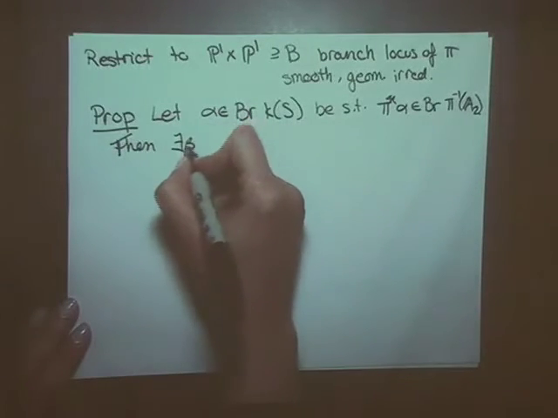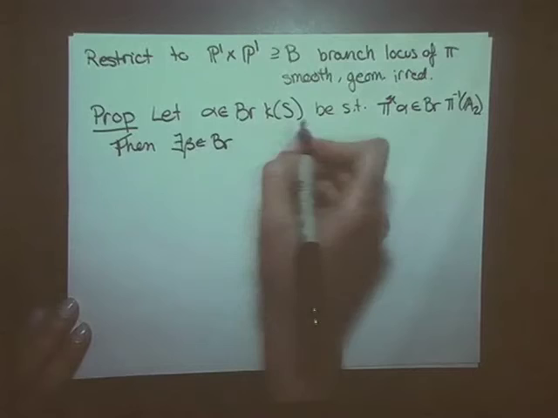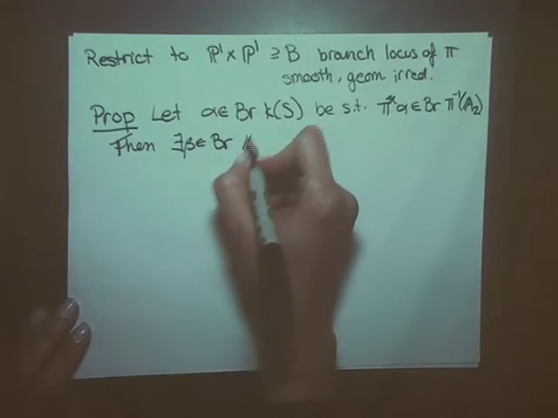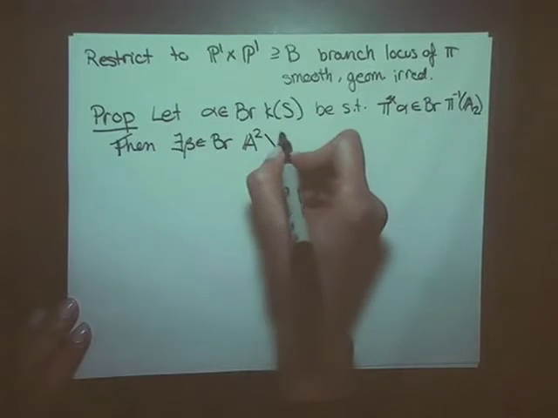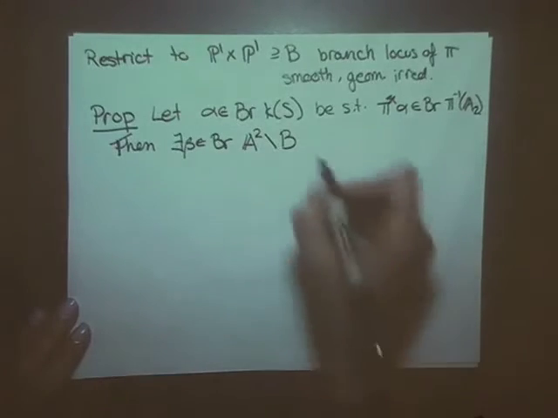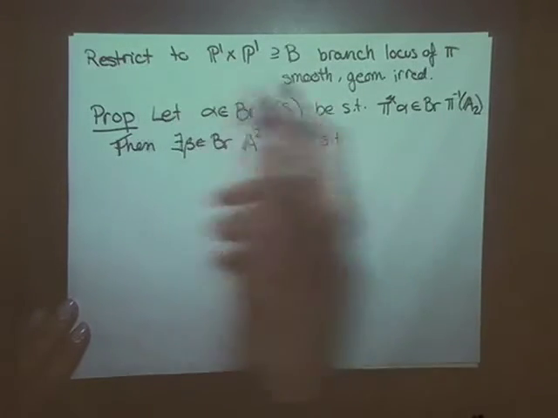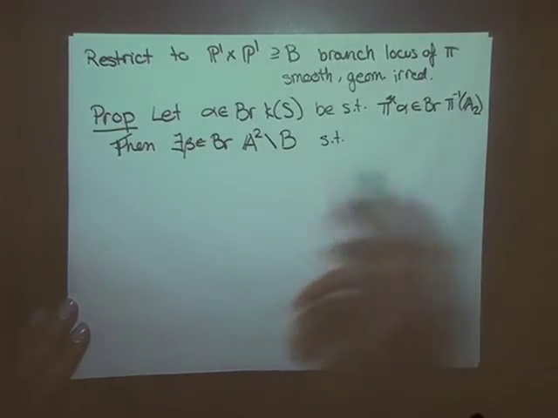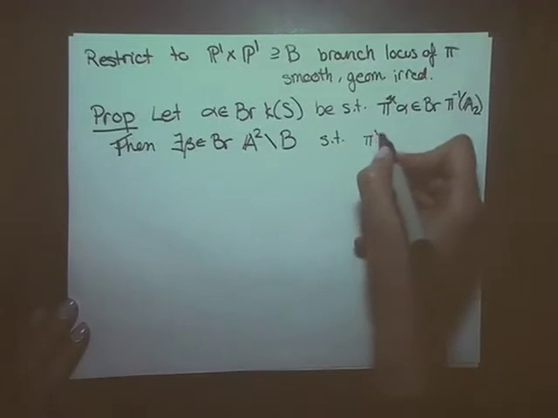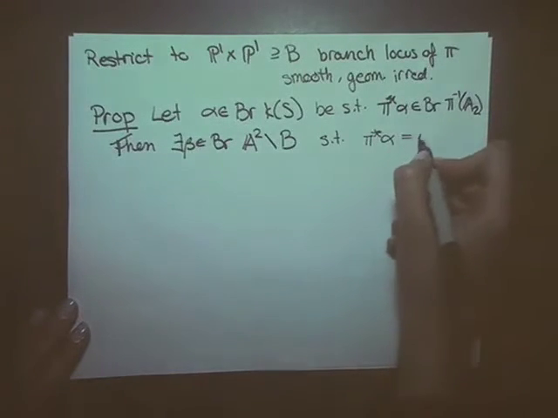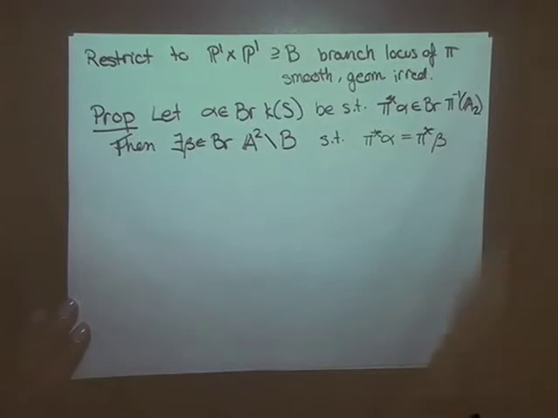Then there exists another Brauer class, not just in the function field, but in A2 minus the branch locus, so it can be ramified on those two curves and also the branch locus, such that the image is equal to the image of this curve.